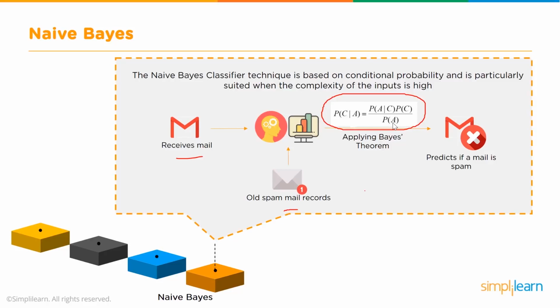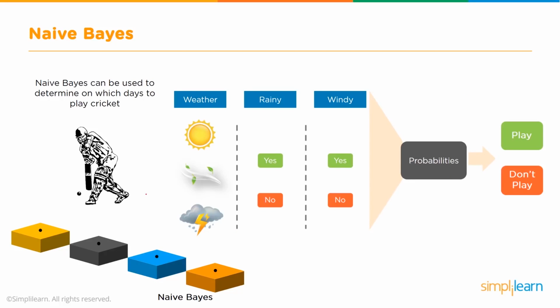Let's try to understand naive-Bayes with a better example. Naive-Bayes can be used to determine on which days to play cricket. Based on the probabilities of a day being rainy, windy or sunny, the model tells us if a match is possible. If we consider all the weather conditions to be event A for us, and the probability of a match being possible as event C, the model applies the probabilities of events A and C into Bayes' theorem and predicts if a game of cricket is possible on a particular day or not.